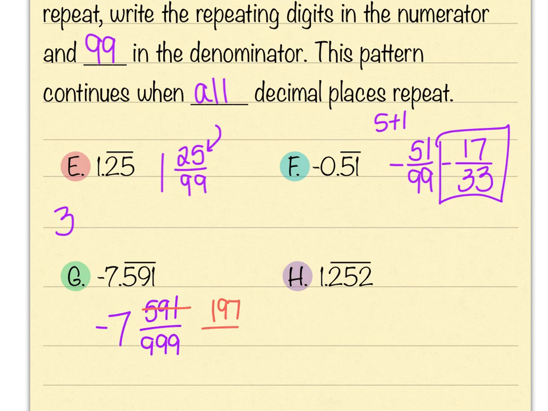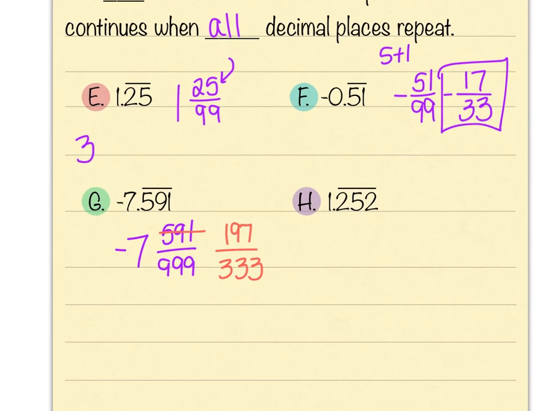I'm using my calculator for that. 3 will go into 999 333 times. And then I'm going to double check to see if it won't go in again. So 1 plus 9 is 10. 10 plus 7 is 17. 3 won't go into 17, so 3 won't go into 197. So we've got our reduced fraction. I didn't leave myself a whole lot of room here. I'm just going to rewrite this as negative 7 and 197/333.